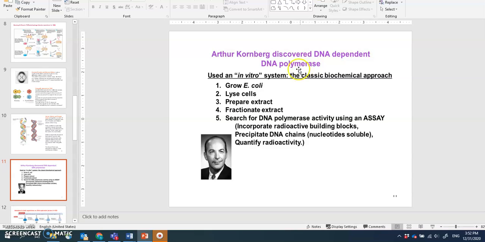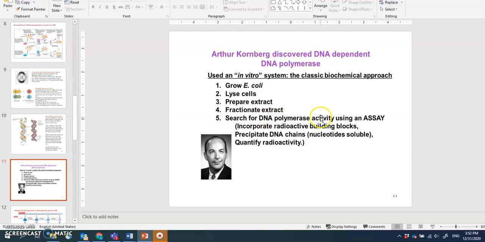Okay, so he used an in vitro system that can replicate DNA molecules, especially using E. coli as a model system. They grew E. coli cells, lysed the cells, and prepared extracts out of the E. coli cells, and then he separated out different extract molecules from there, and he identified an enzyme by doing so.